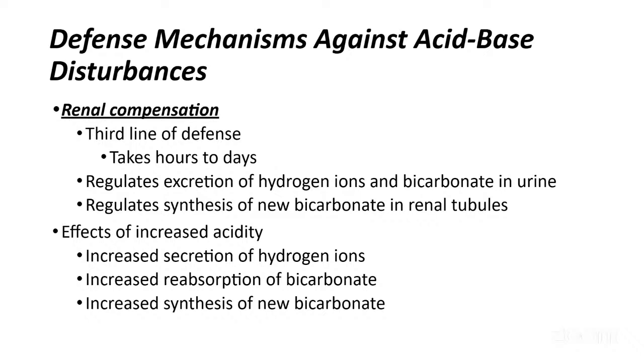So they're going to be regulating how many hydrogen ions are showing up in your urine and getting expelled from your body, right? So if you pee out hydrogen ions, they're not in your bloodstream anymore. So fewer hydrogen ions in your bloodstream means a higher pH.